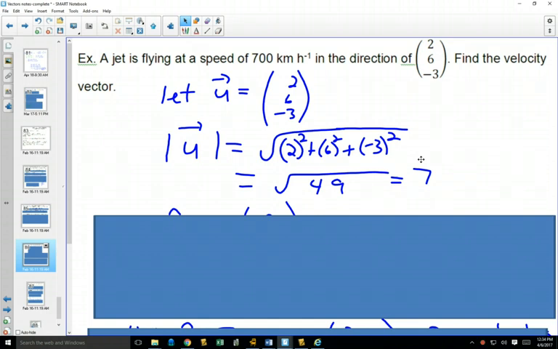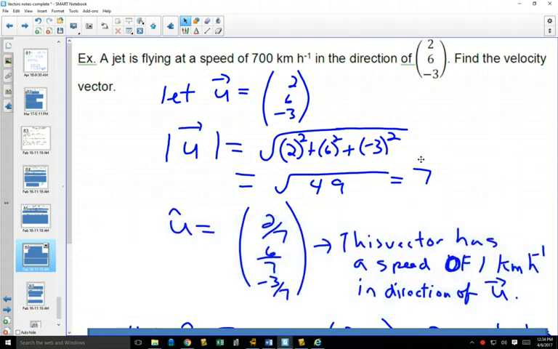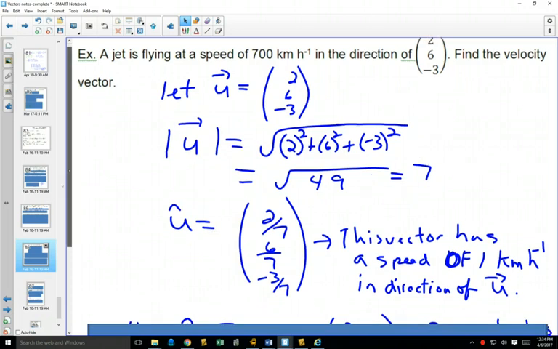What could you do? Well, you could find your unit vector. Your unit vector will have the same direction, but will be only going at a speed of 1 kilometer per hour. So our unit vector has a length of 1, and in this case would have a speed of 1 kilometer per hour.